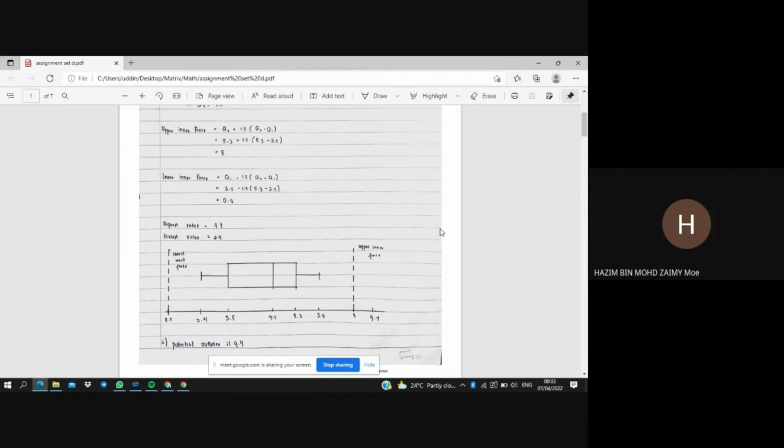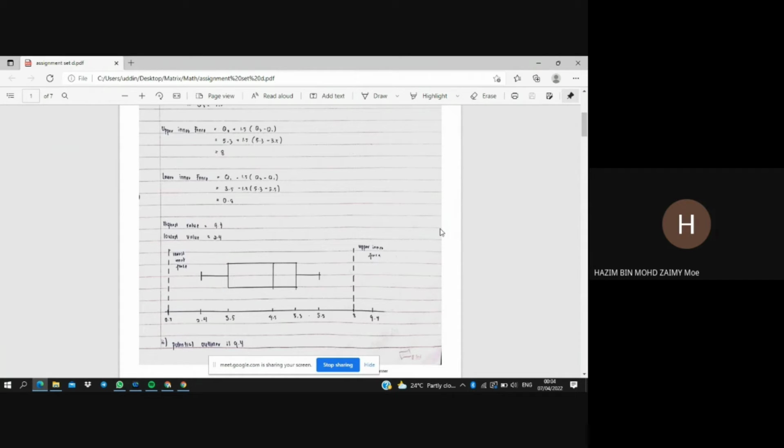Upper inner fence equals quartile 3 plus 1.5 times quartile 3 minus quartile 1. Quartile 3 is 5.3 plus 1.5 times 5.3 minus quartile 1, 3.5.